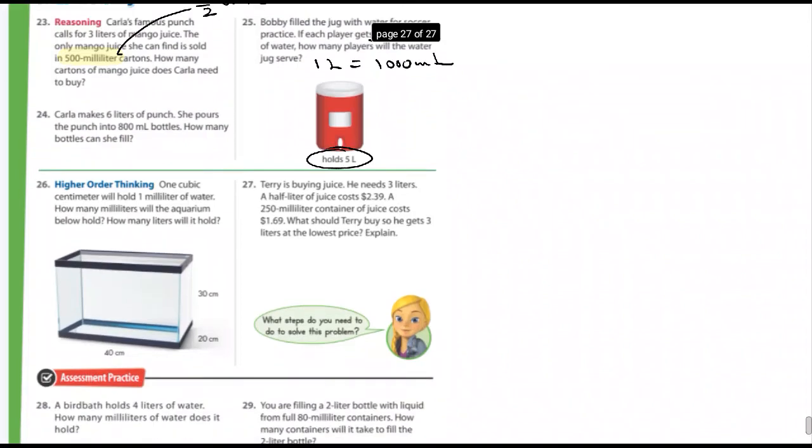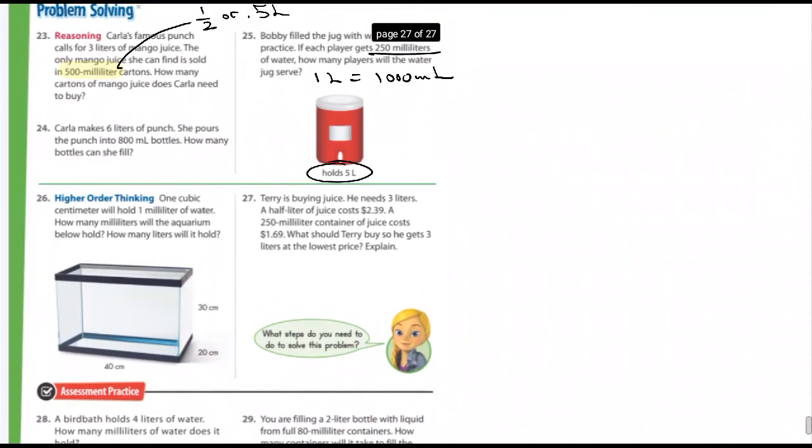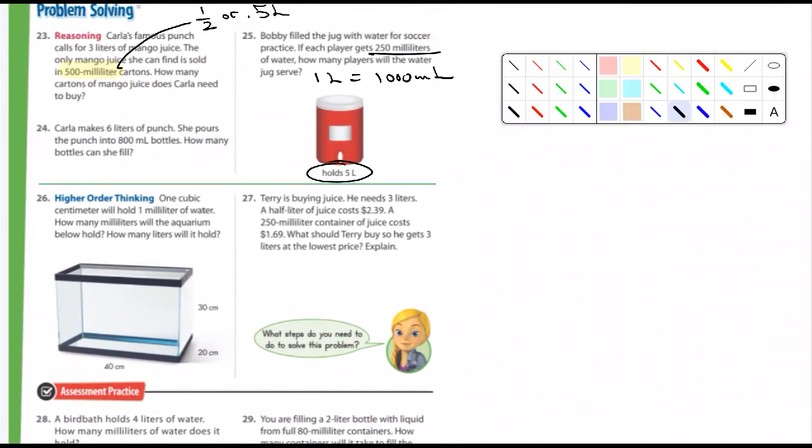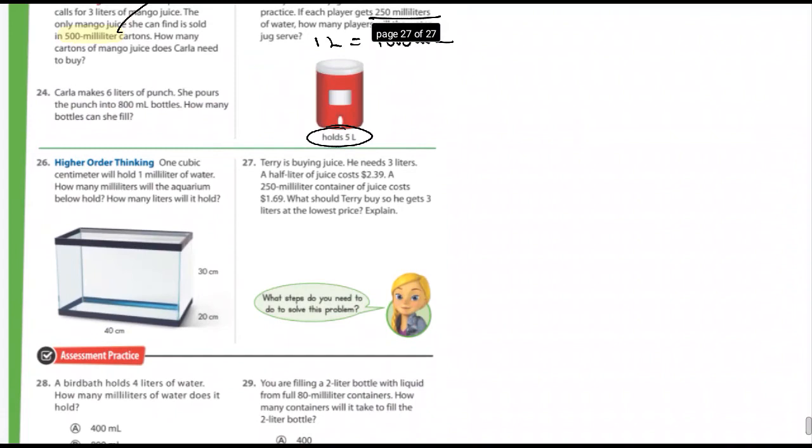You should be able to answer that one. Oh wait, I skipped one here. Carla makes 6 liters of punch. She pours the punch into 800 milliliter bottles. How many bottles can she fill? You guys can answer that one. Is there going to be any remainders, like leftover? Sometimes you might have to carry it 1 decimal over.